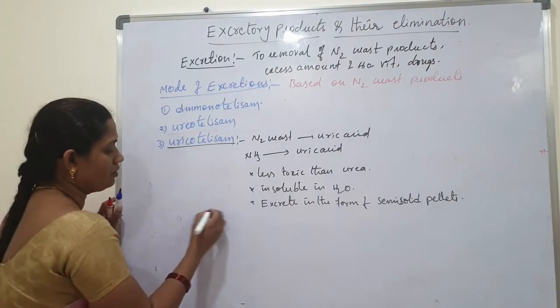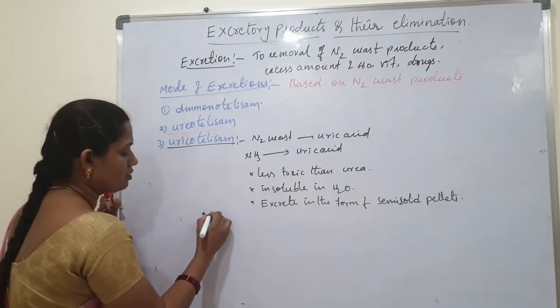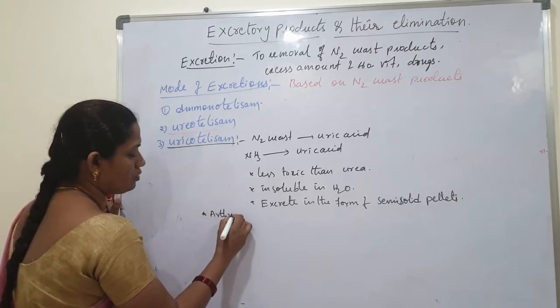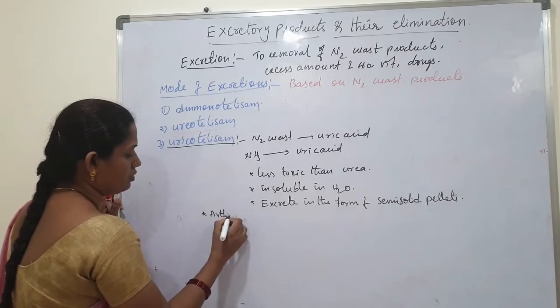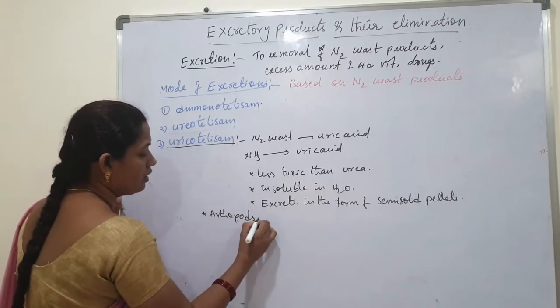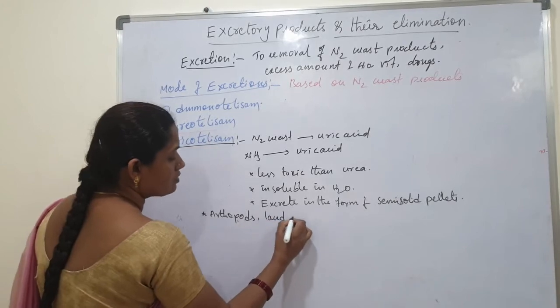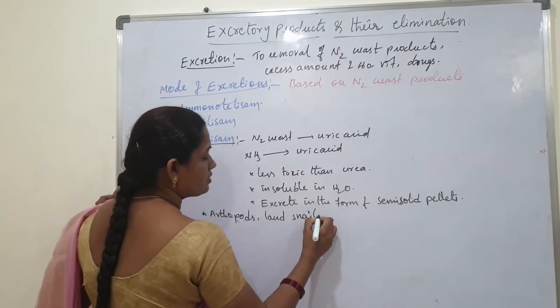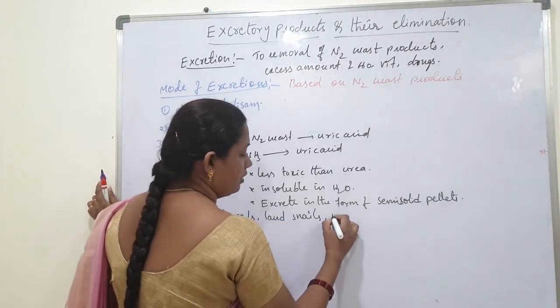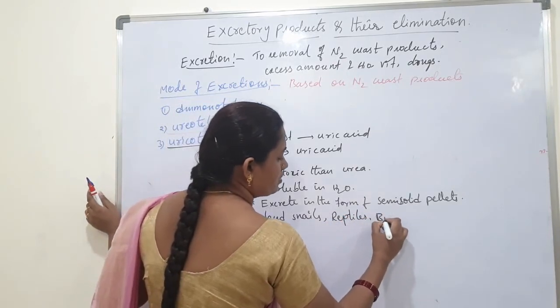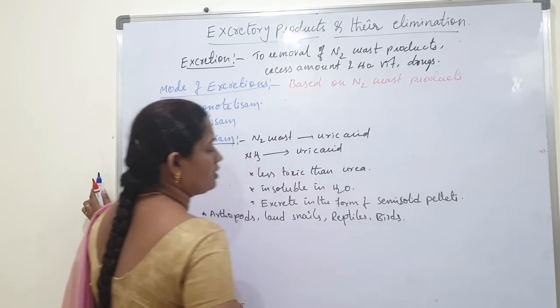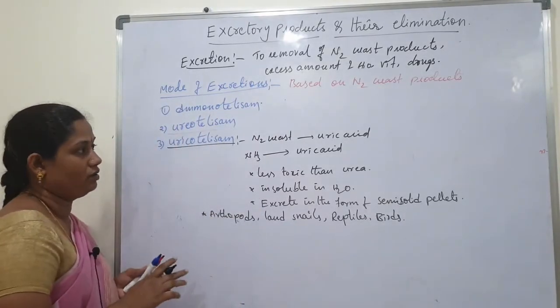Next, arthropods, land snails, reptiles and birds excrete uric acid.